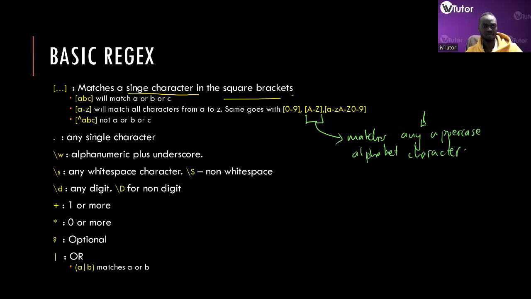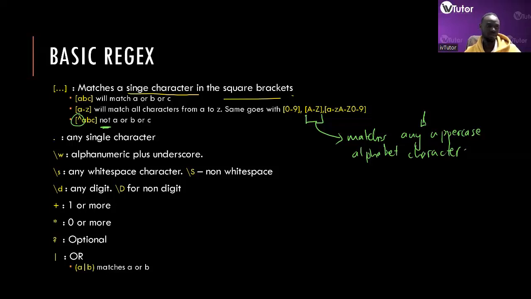Another interesting meta character that I want you to know about is the hat, which is used for not. If you put a hat at the beginning of your square bracket, you are saying not whatever is in your square bracket. So if I say not, and then I put A, B, C, this means not A or B or C, which means this square bracket is going to match any character that is not A, not B, not C. You have to get it straight in your head that a square bracket is only matching one thing.